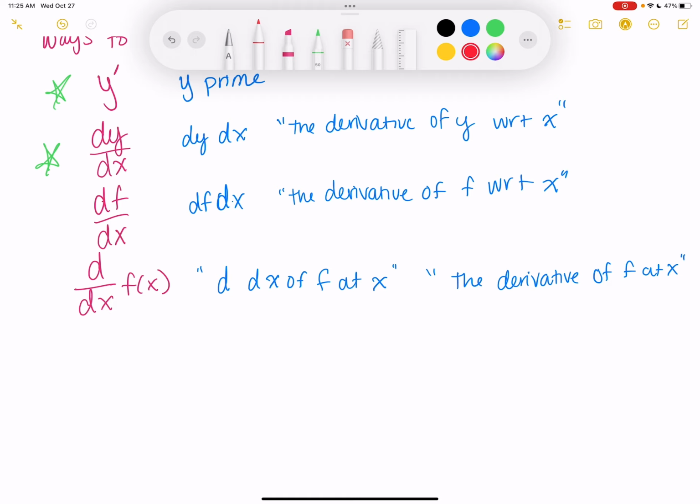Alright, so then the last kind of definition type thing, we have one-sided limits. Or sorry, one-sided derivatives. We've done one-sided limits.